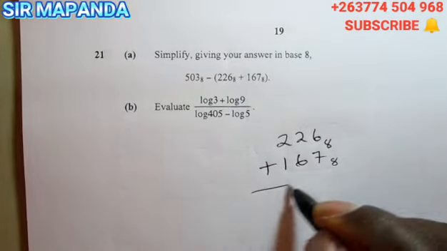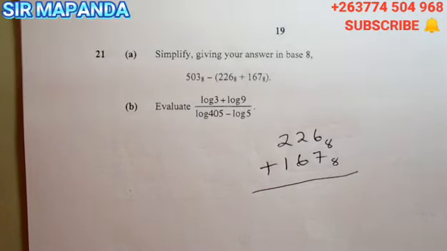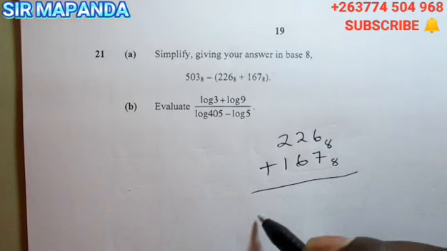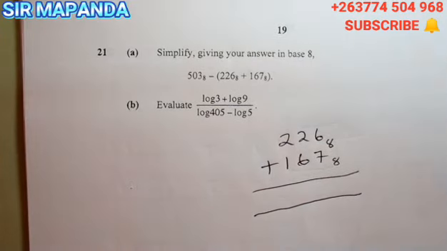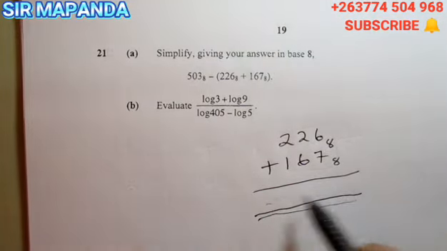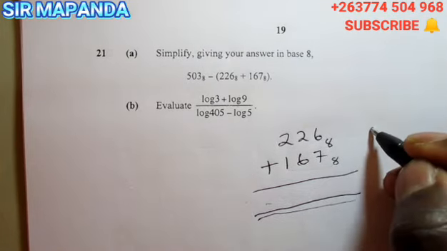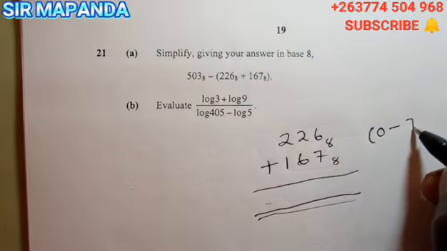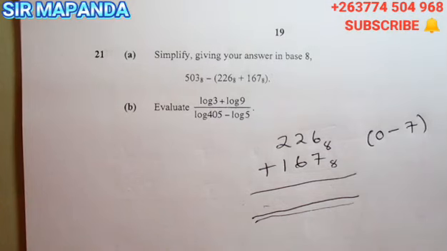167 to base 8. The rule is, when adding number bases, the digits must not be equal to the base or exceed the base. The maximum digit in base 8 is 7. So the digits I write in the total space must range from 0 up to 7. They are not allowed to be equal to 8 or exceed 8.